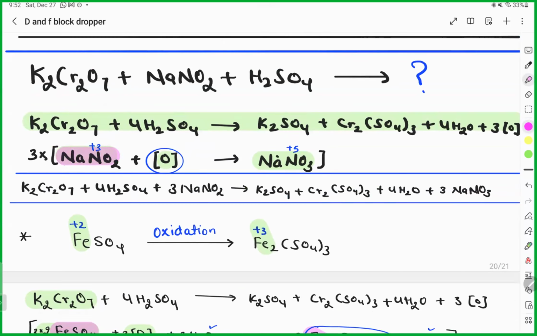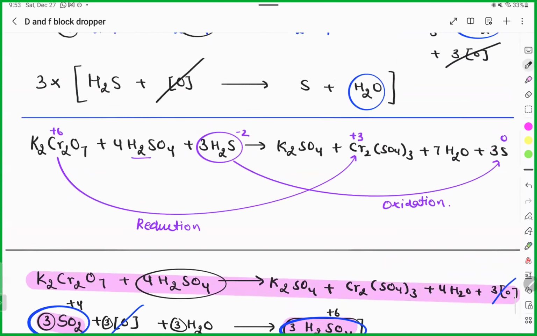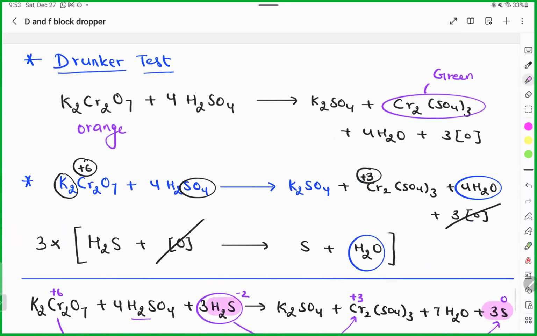These nascent oxygen when reacting with NaNO2 can produce only NaNO3. Any doubt? Same way, here you have SO2 with +4 oxidation state converting into H2SO4 with +6, which is more stable. Here it is +6 and +2 to +4. Sorry, correct. Same here. Here you have H2S with sulfur at -2 and here sulfur is 0. Any doubt, guys?